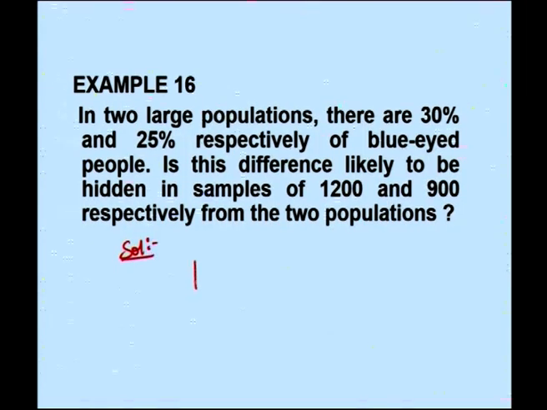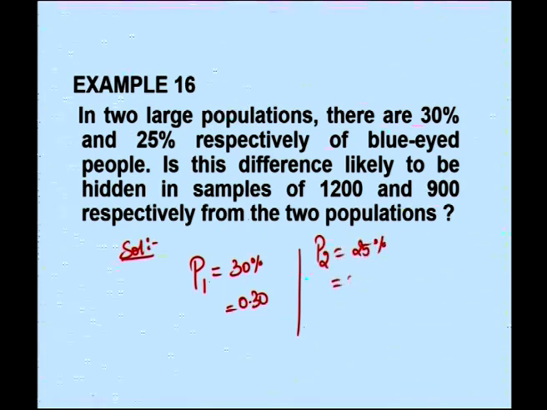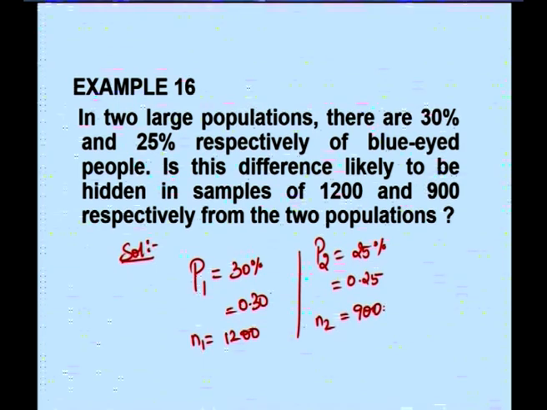We are given capital P1 is equal to 30%, which is 0.30, and capital P2 is equal to 25%, which is equal to 0.25. N1 is equal to 1200, N2 is equal to 900.